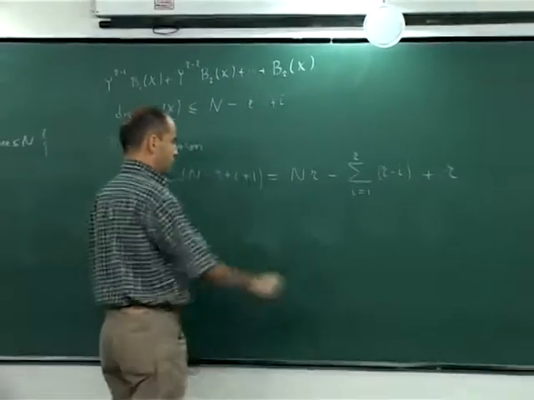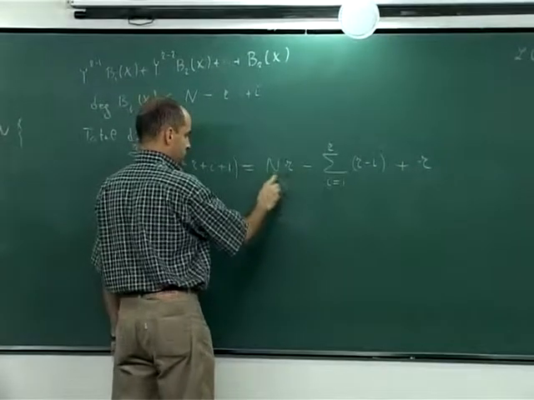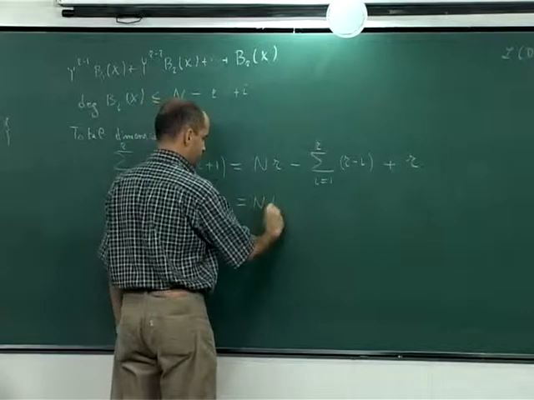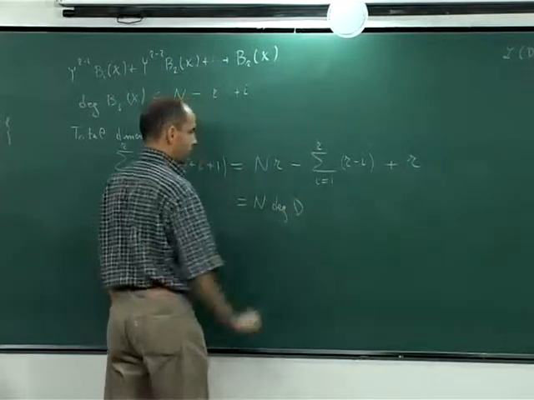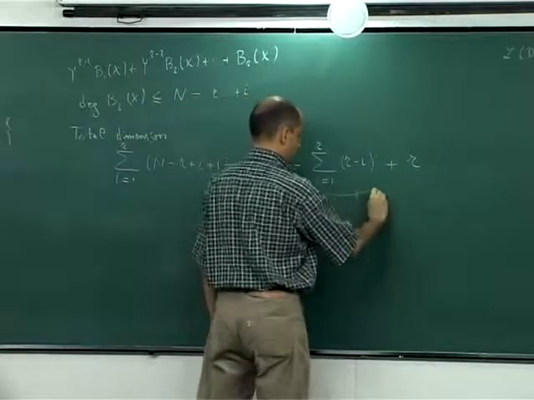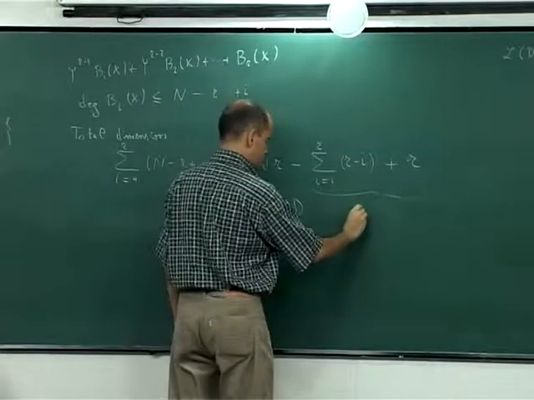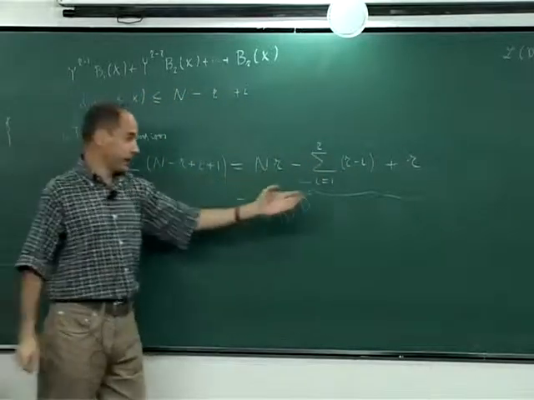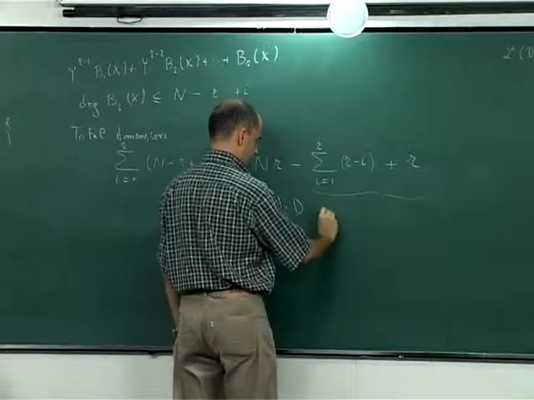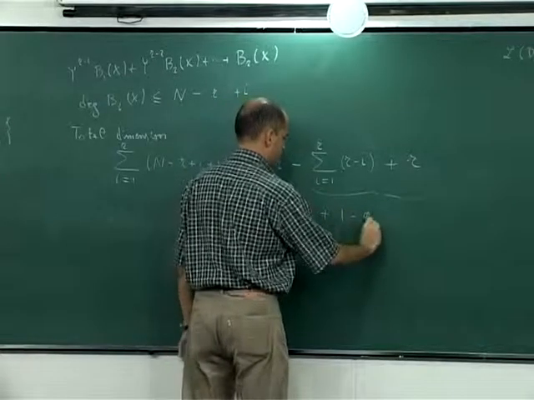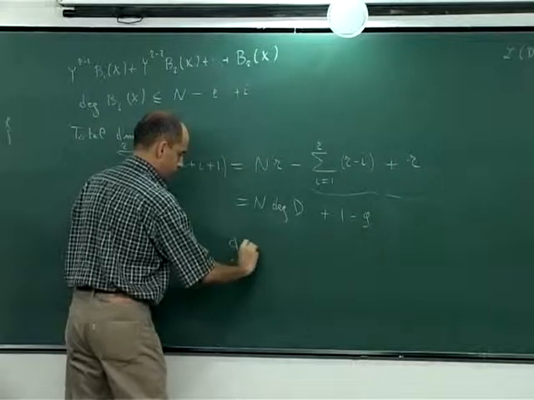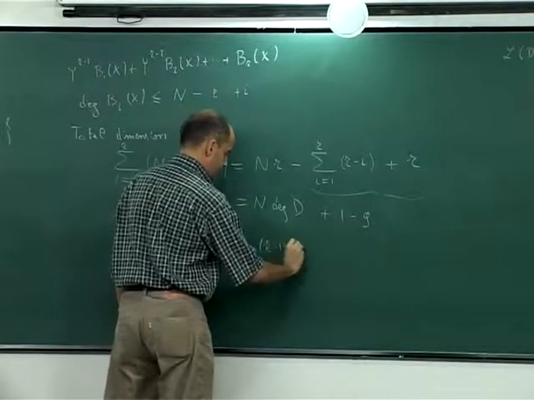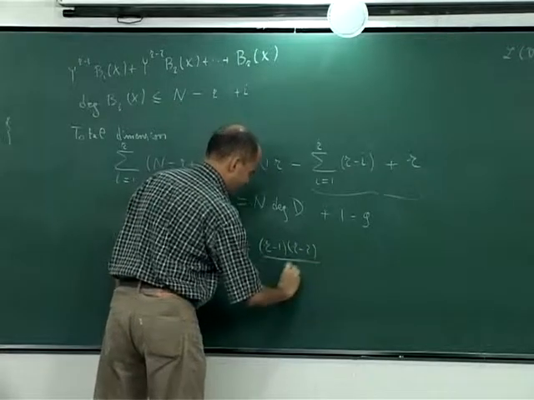Okay, and so this is n times the degree of D, and this is a constant. It's independent of n, and actually it turns out it is 1 minus g, where g by the genus formula is (r minus 1)(r minus 2) over 2.